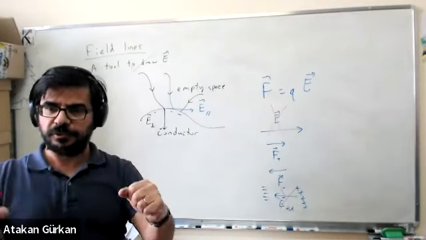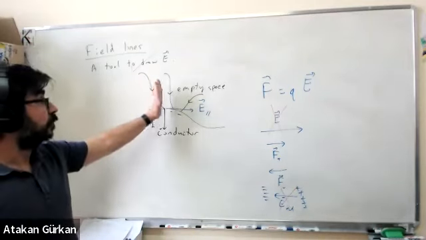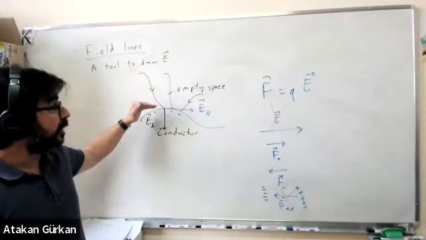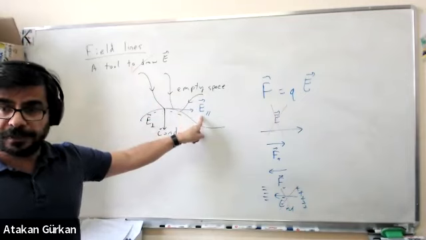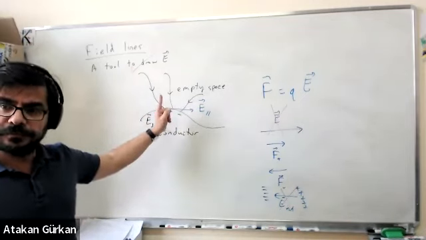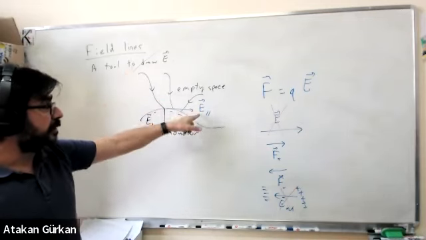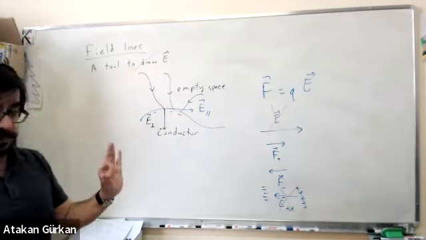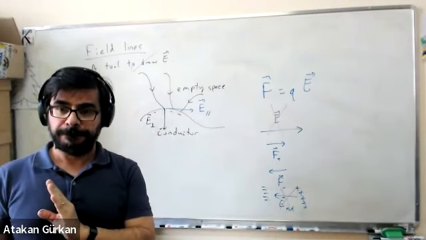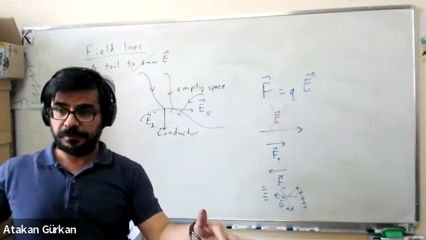Our charges are restricted to the conductor, and they cannot move perpendicular to the surface. They can only move along the surface. And by moving along the surface, they cancel the parallel component of the electric field, but they can't do anything about the perpendicular component. So the perpendicular component remains, the parallel component disappears. The electric field on the surface of a conductor is always perpendicular to the surface, regardless of the shape.